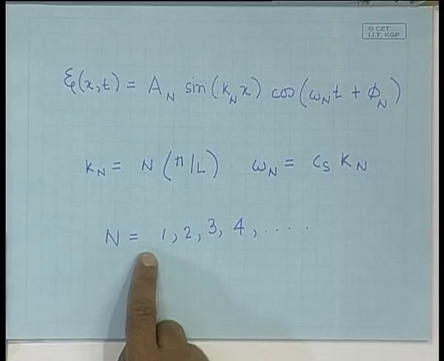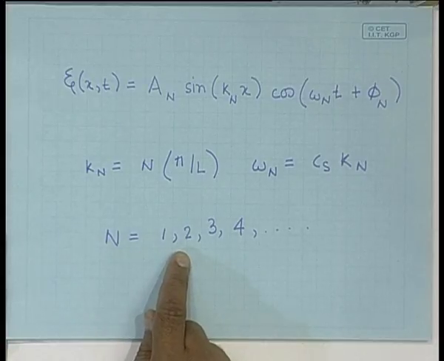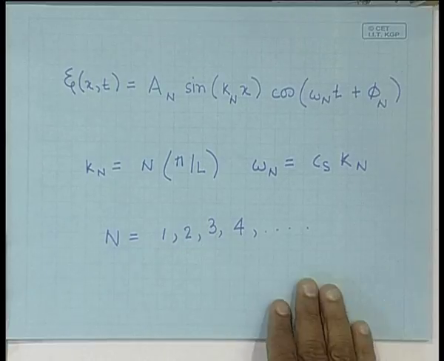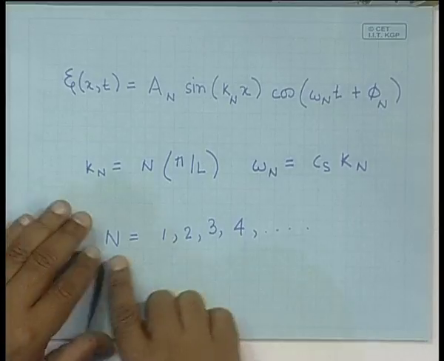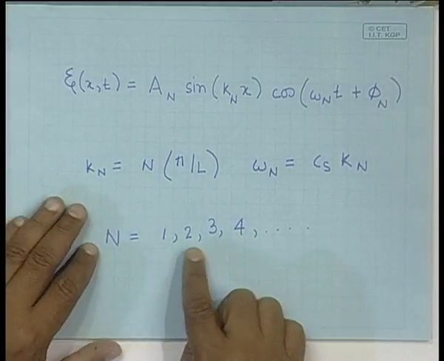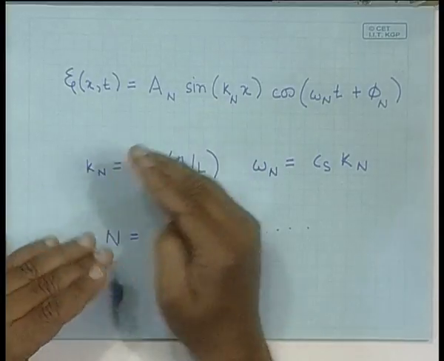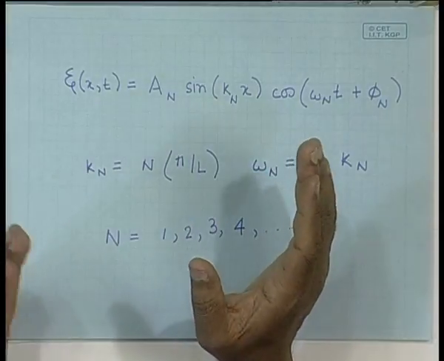There is a different solution corresponding to each integer n. n equal to 1 gives you a particular solution, n equal to 2 gives you a different solution, n equal to 3 gives you another solution, n equal to 4 gives you another solution. So, corresponding to every integer there is a different solution to the wave equation which satisfies the boundary condition that the vibration disappears at the two endpoints.